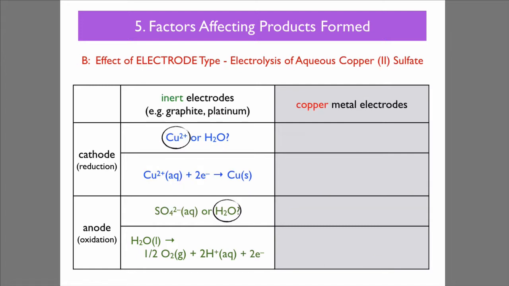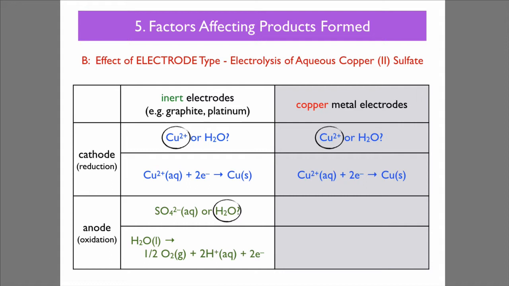Okay, electrode type. And this time we're going to look at copper. So at the cathode, if we're using inert electrodes, such as graphite or platinum, we know that the copper ions discharge to form copper solid. And what if we've got copper metal electrodes? Well, again, it's the copper, so no change there at the cathode.